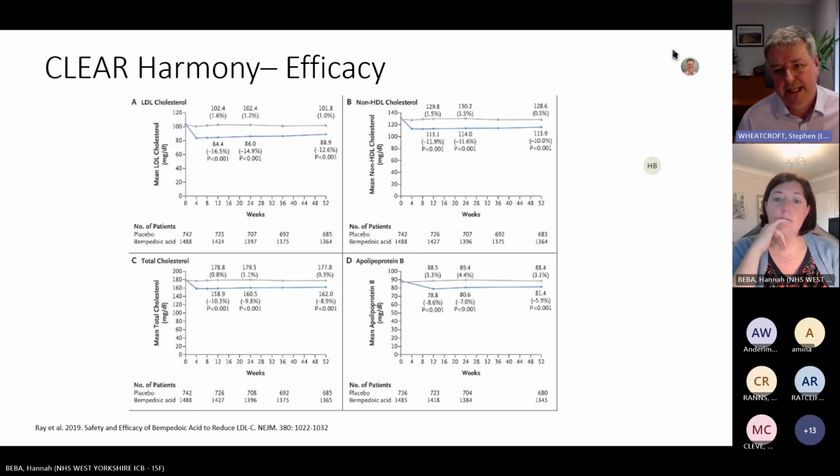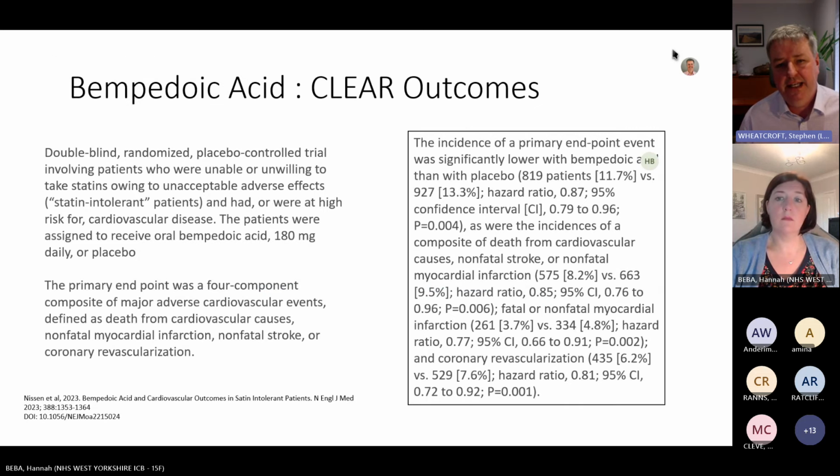So why can bempedoic acid be useful? We're not going to go through these slides in great detail, but we know that it works. These are data from the CLEAR Harmony study, which showed that treating patients with bempedoic acid led to a significant and sustained fall in LDL cholesterol, as you can see in the top left there. And on the next slide, we'll see that there are clinical data available from the CLEAR Outcomes study.